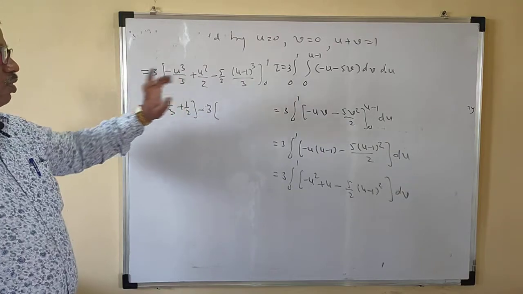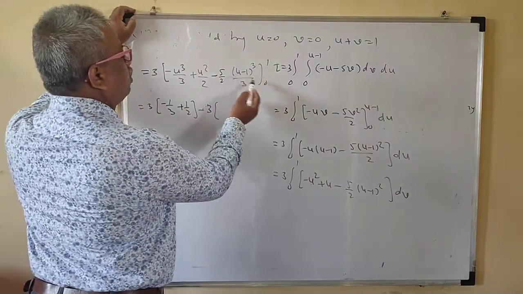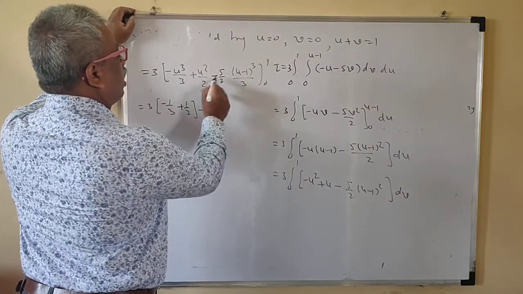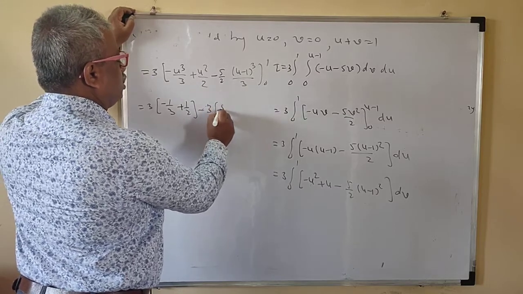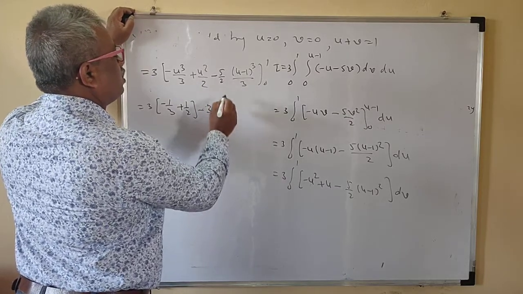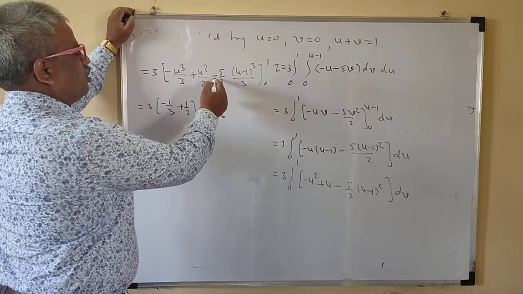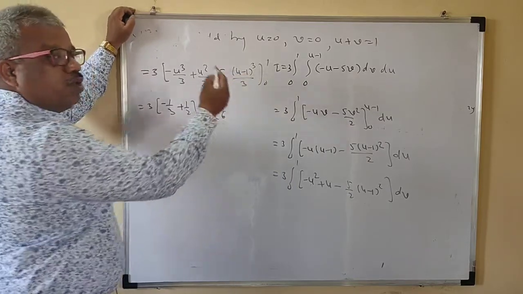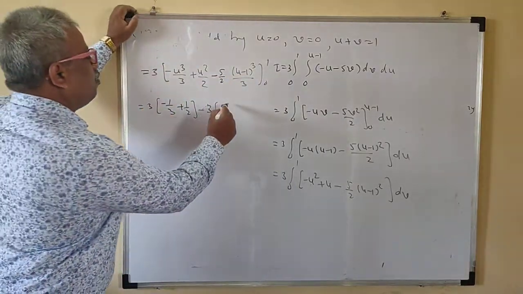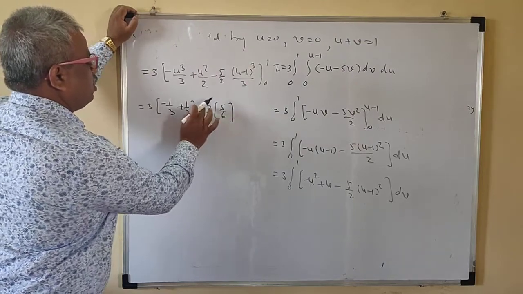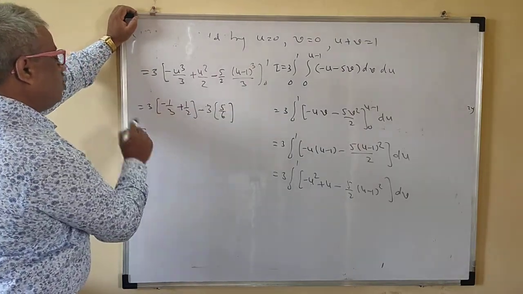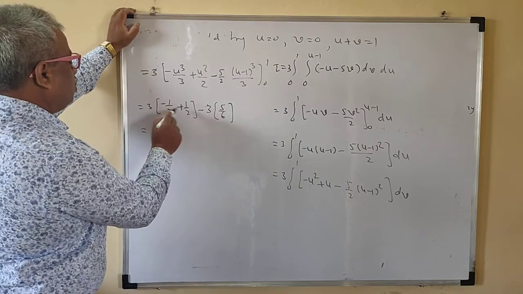If you put u is equal to 0, then this is 0 now. So now this is what? 0. So minus 1 cube. So again the minus will become plus now. This is what? 5 by 6 is here. And minus, this is minus here. This is 1 minus 1 cube is minus 1. So minus will become plus now. Right? This minus is minus now. No problem for this one. Okay. So now this is what?